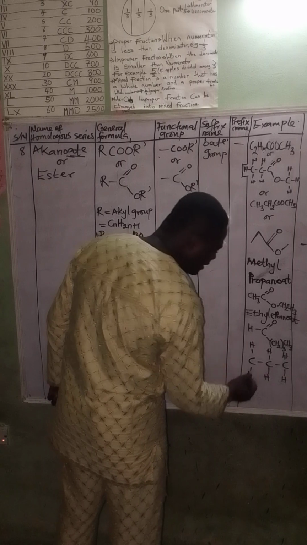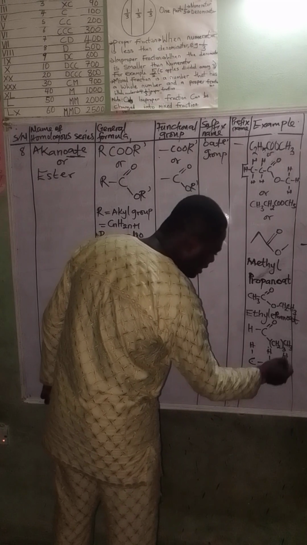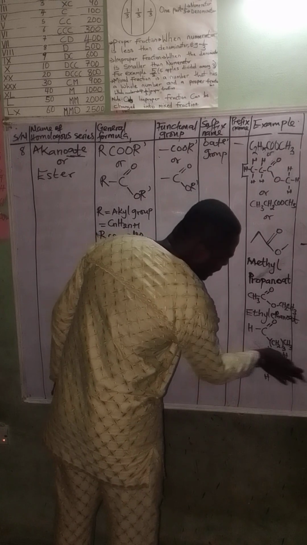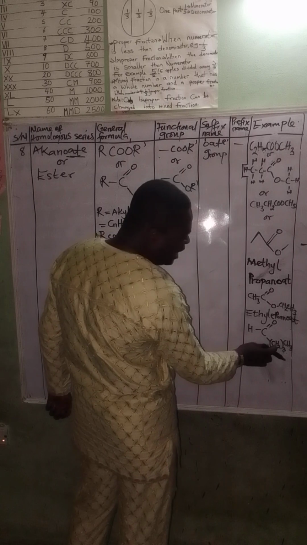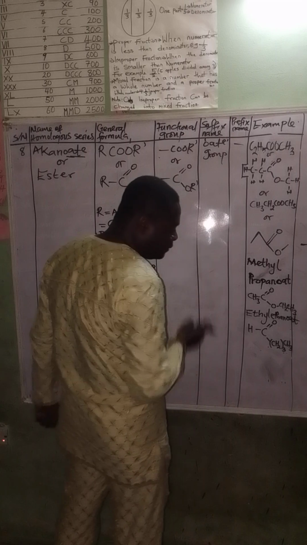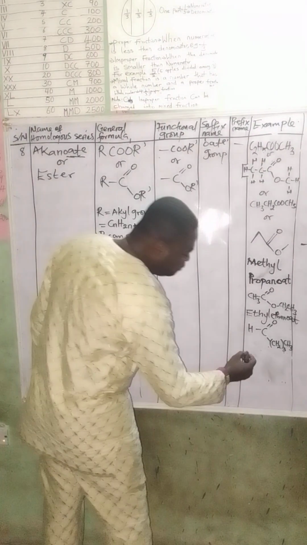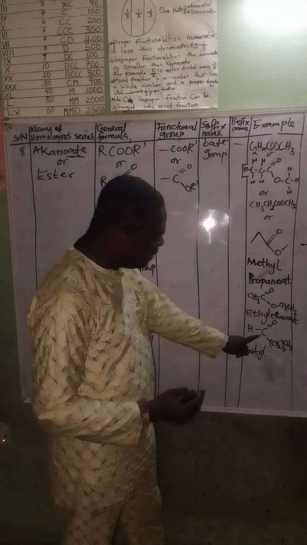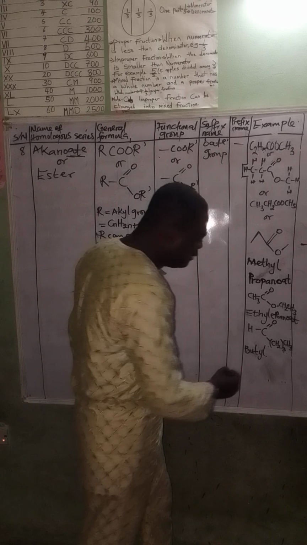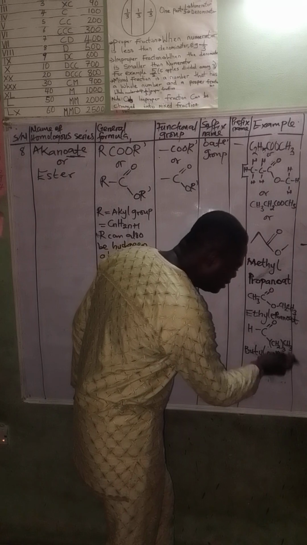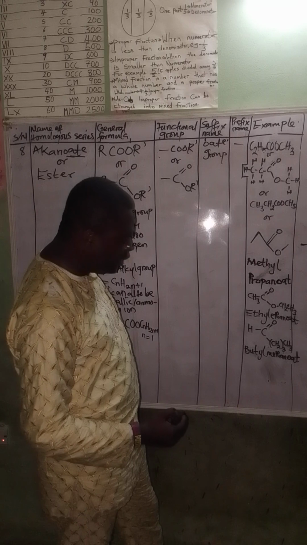So instead of repeating CH2 CH2 CH2, you can just pick only one of them and put 3. See, they occur 3 times. So this CH2 will occur 3 times. So there are 3 carbon atoms there. 3 carbon plus 1 carbon, that's 4 carbon atoms. The name of alkyl group with 4 is butyl. Now, how many carbon do you have here? 1. The name of alkane with 1 carbon is methane. So then replace the E with OATE. It becomes butyl methanoate.